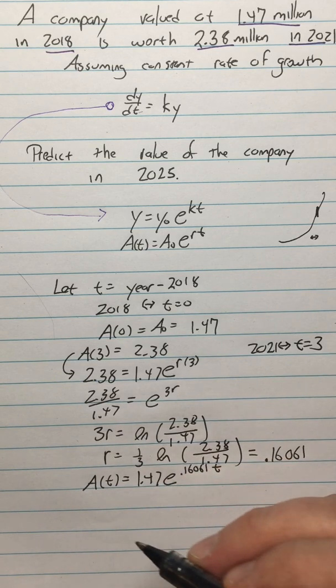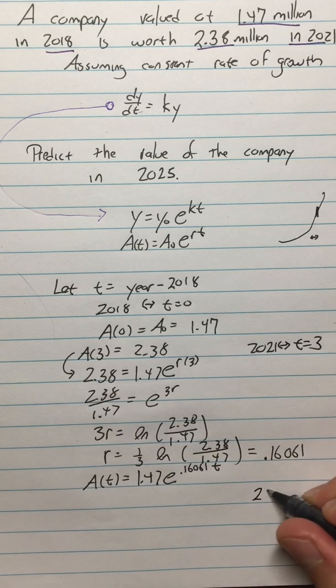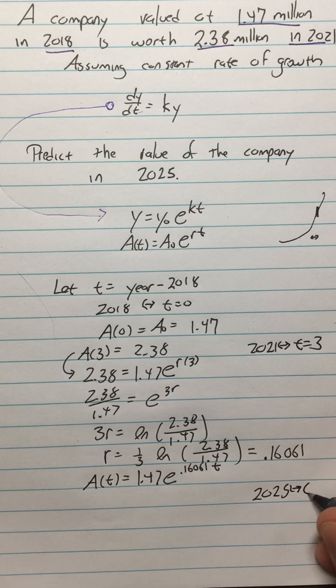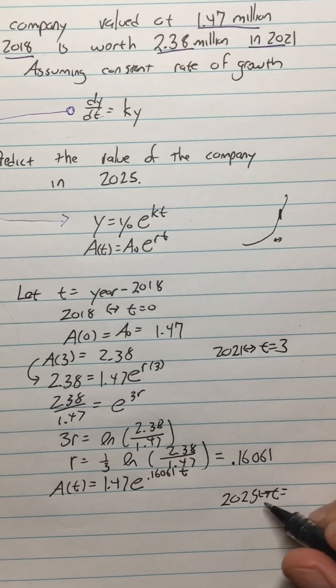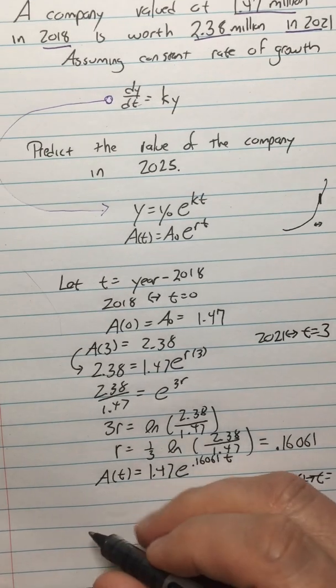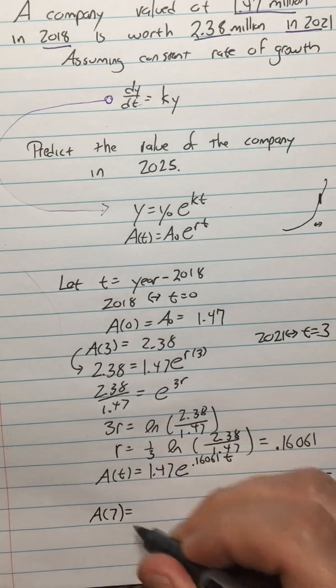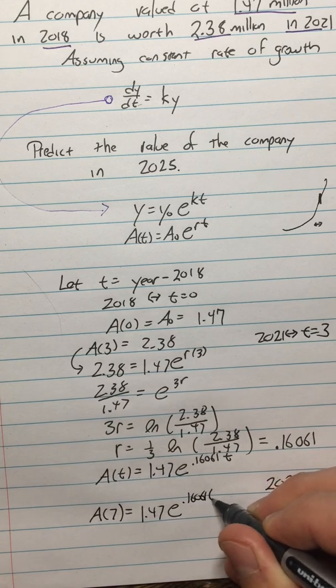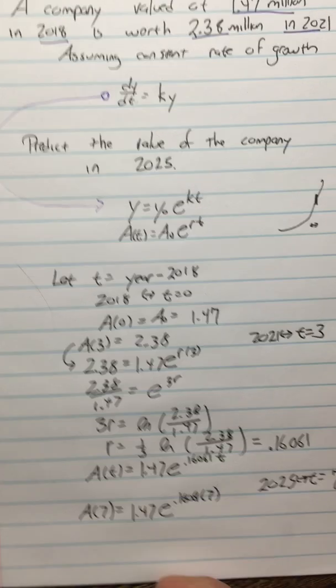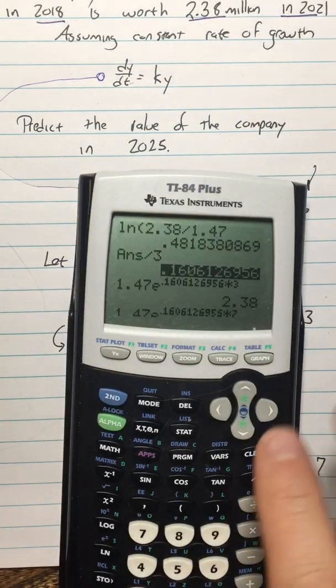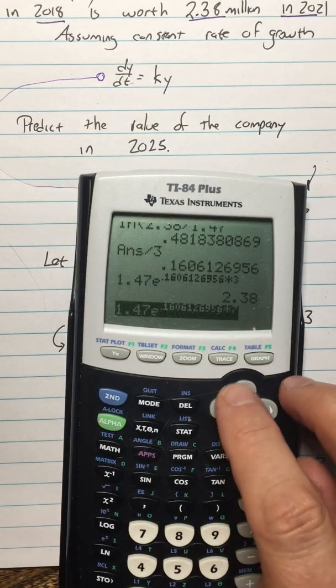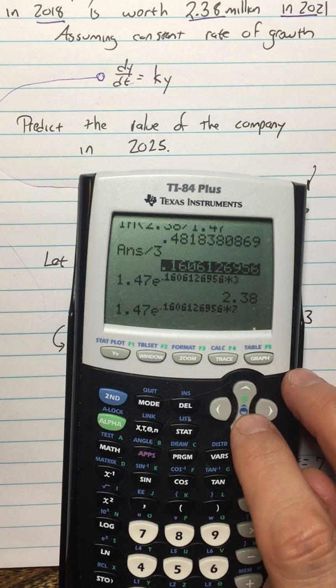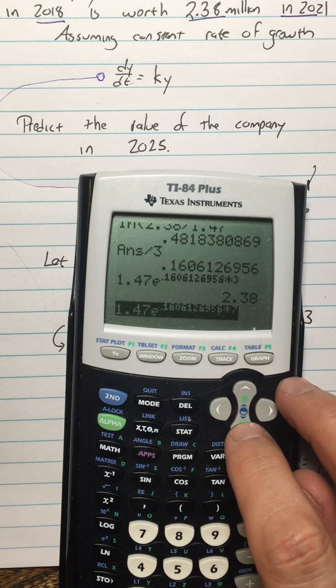And then it's a simple matter of saying that the year 2025 is going to be t equals what? So that's 7 years after 2018, so it's t equals 7. So I'm really looking for a of 7, which is 1.47 e to the 0.16061 times 7. So I can write it with the 5 decimals here, but when I actually go to calculate it, I'm just going to put it into my calculator, having copied this number down into my expression.